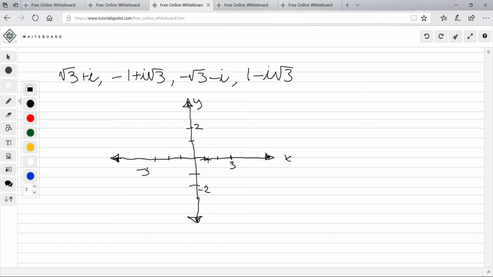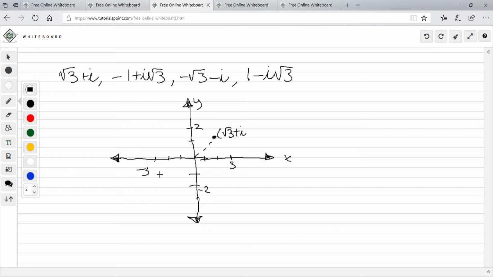So let's see here. So let's do the first one. So we said that root 3 is about 1.7. So here's 1. So 1.7 is right here. And then we go up 1. We call this positive root 3 plus i.